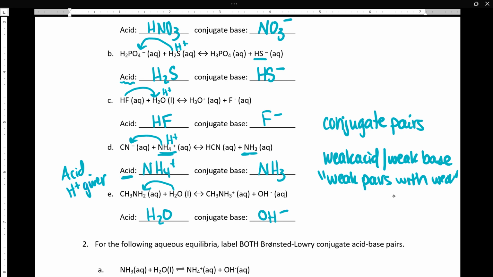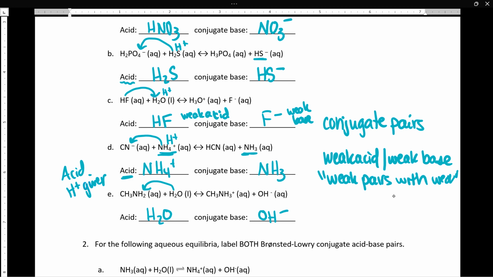So what we mean here, like HF right here, this hydrofluoric acid, this is a weak acid. I know it's a weak acid because I've memorized the 6 strong acids, and if it's not one of your 6 strong acids, that means it must be a weak acid. So HF must be a weak acid. It's not one of my strong ones. Therefore, F minus, its conjugate, is a weak base.